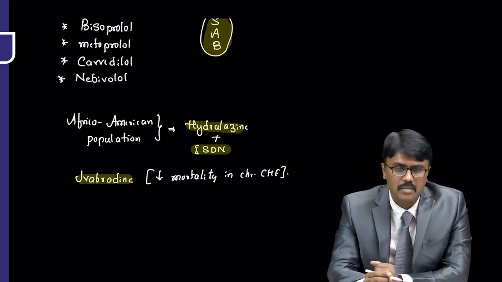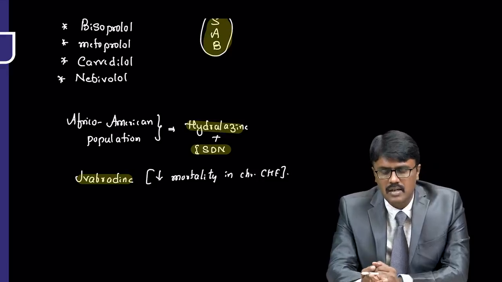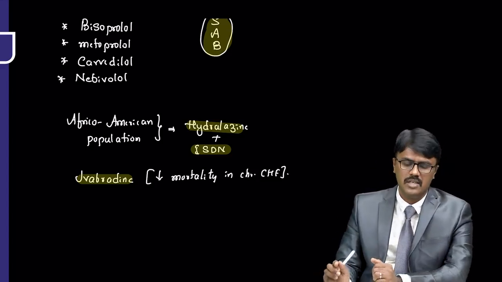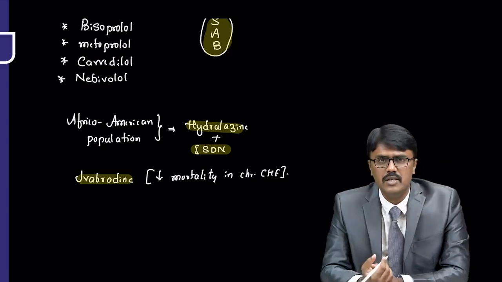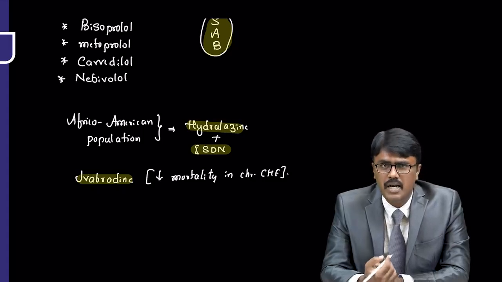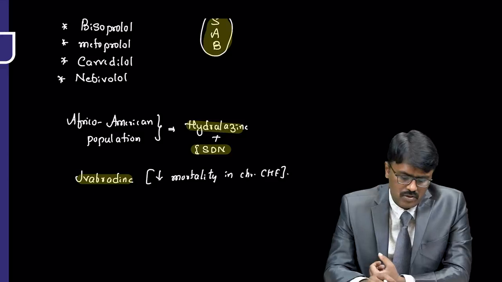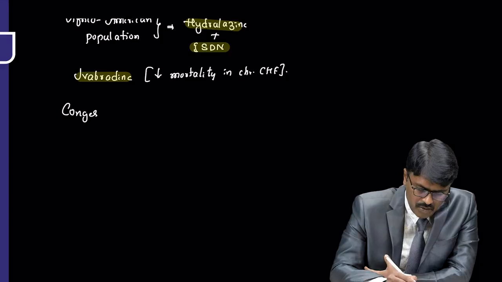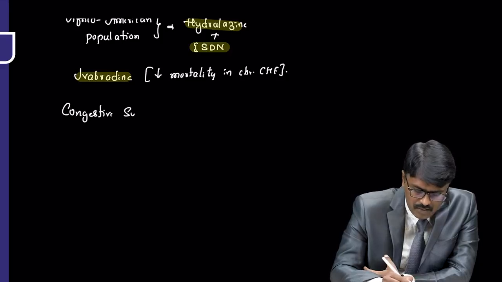But the main drugs are SGLT2 inhibitors, then spironolactone, ACE inhibitor, ARB, ARNI, and beta blockers. So that is how we manage chronic CHF. But if the patient develops congestive symptoms, we add digoxin. If the patient develops edema, we use loop diuretics. If the patient develops congestive symptoms, we want to increase the force of contraction.